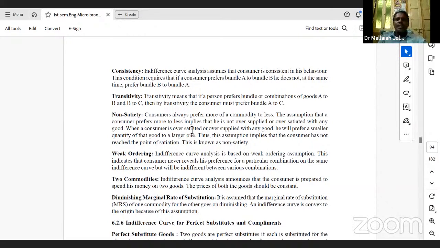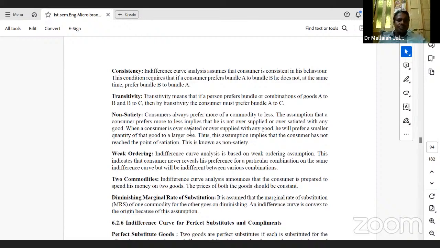When we are talking about transitivity, the consumer, as I said, is purchasing commodities like combination A, combination B, combination C. If the combination moves from A to B and B to C, if A is giving more than B, he prefers A. If B is giving more compared to C, he moves to B. And if C is giving more, then A to B, B to C. Okay, he prefers the combination which is giving more satisfaction.